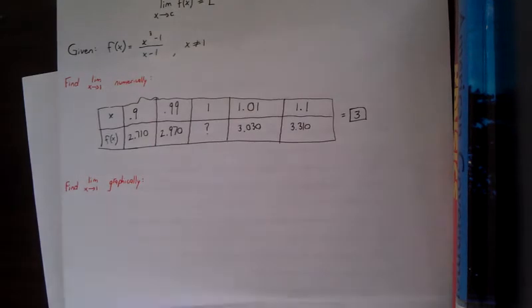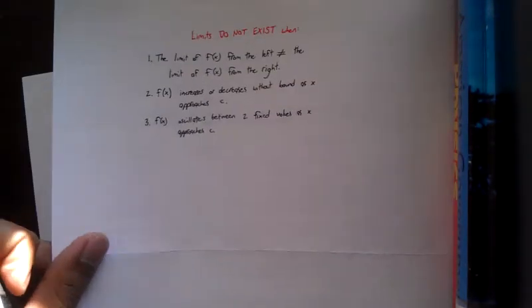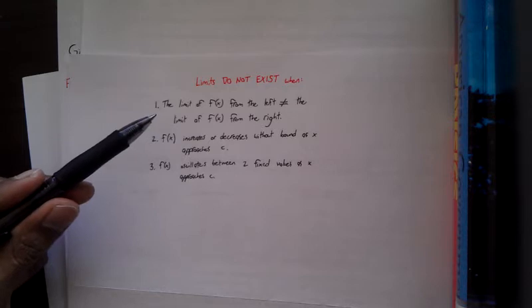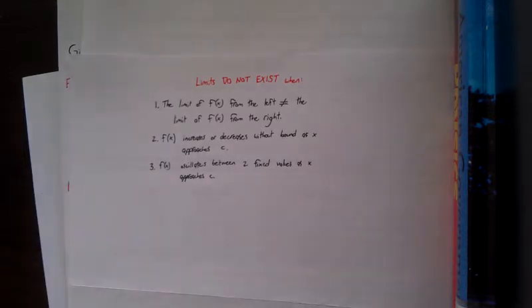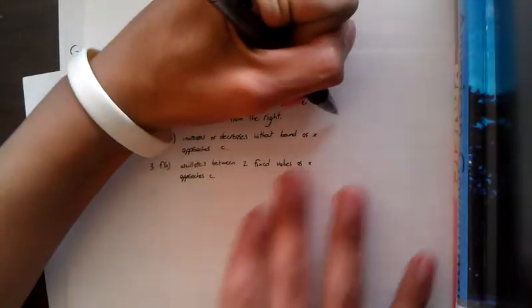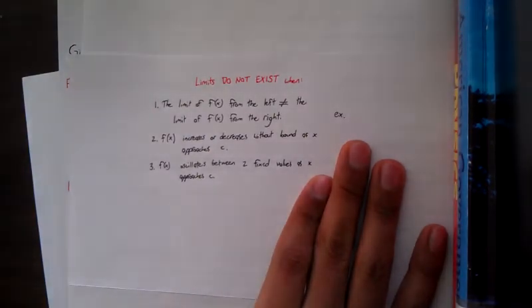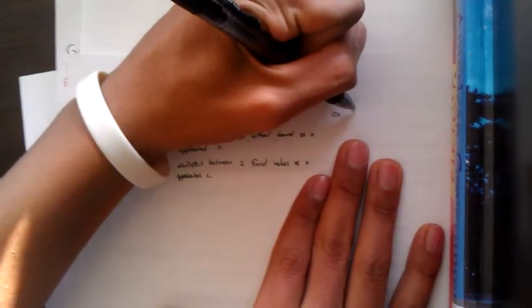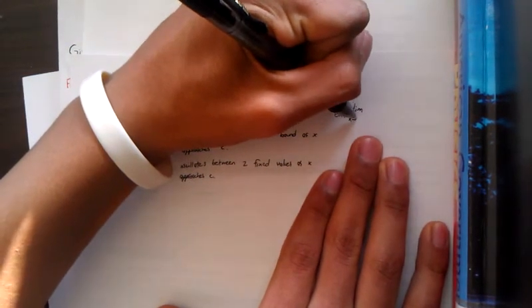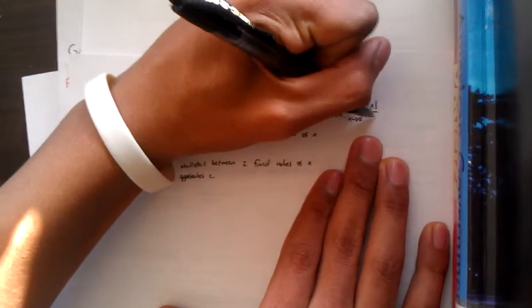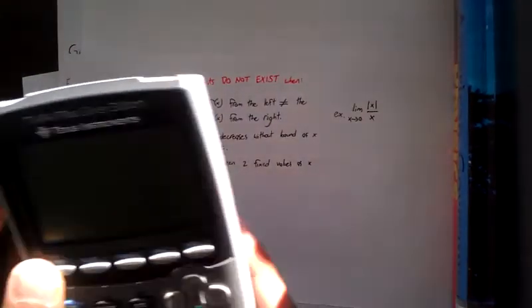Now, there are certain cases when limits do not exist, and those are these 3 cases. The first is when the limit of f of x from the left does not equal the limit of f of x from the right. An example of that would be the limit as x approaches 0 of the absolute value of x over x.